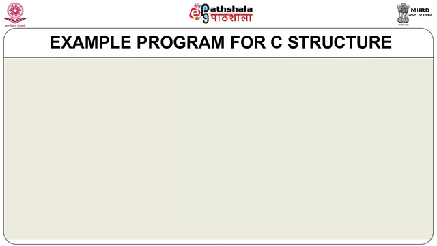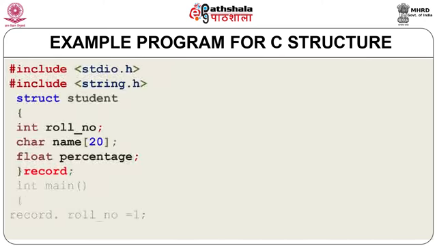Let us go for another program. This is another example of C structure. This program is totally similar to the previous program. There is only one difference, which is the declaration of structure.